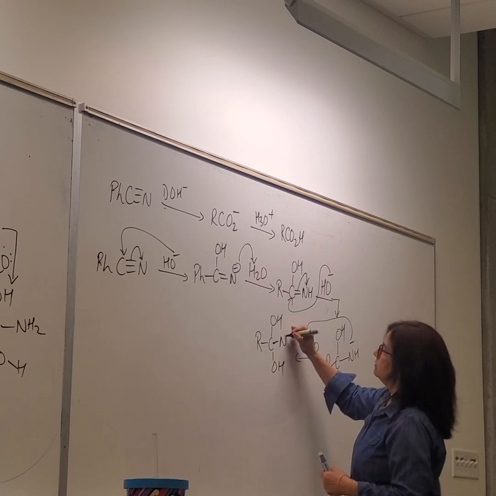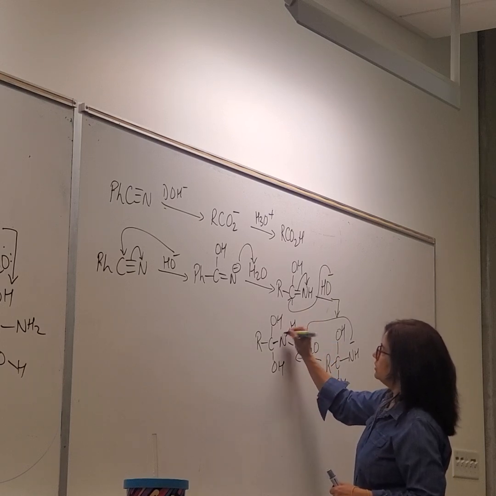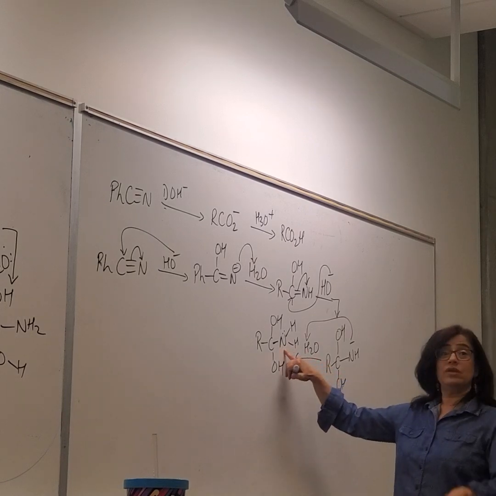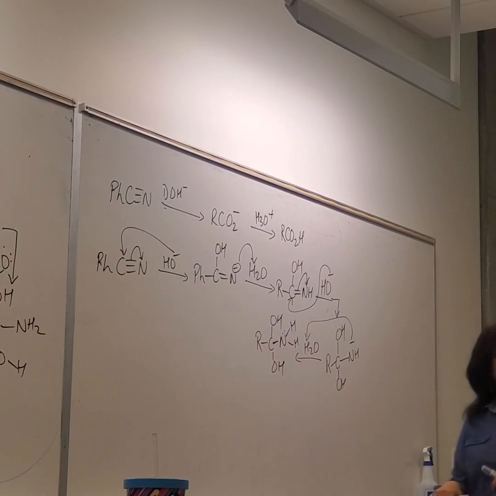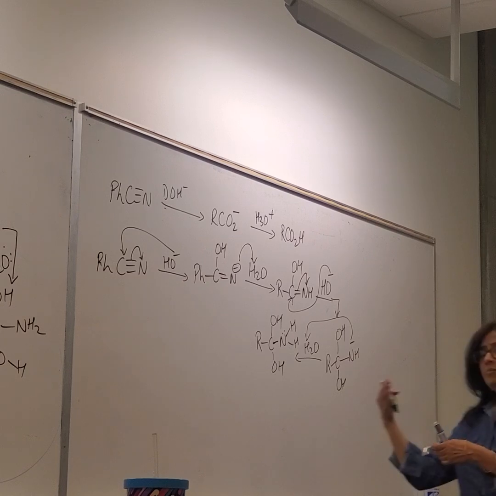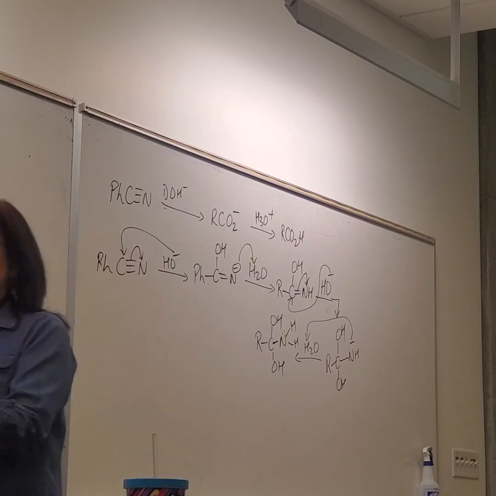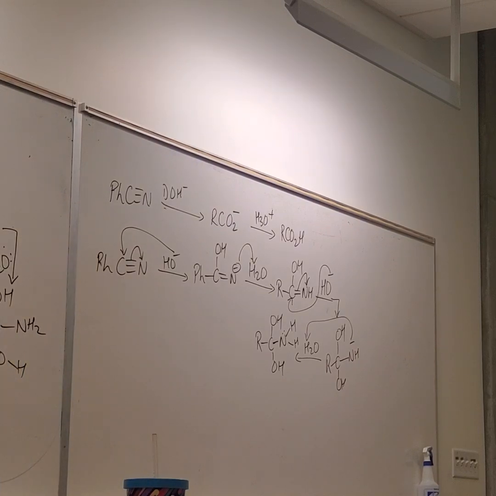But that already has an octet. Why would hydroxide attack something that is already electron rich? To make it a leaving group? How can minus go to minus? Electron rich doesn't go to electron rich. Electron rich goes to electron poor. But shouldn't we make it a good leaving group? We need to somehow kick it out.